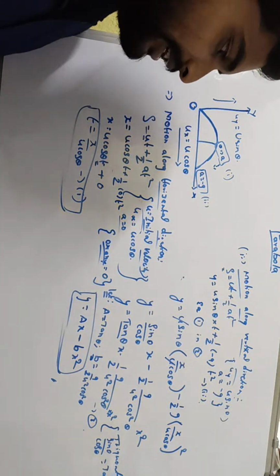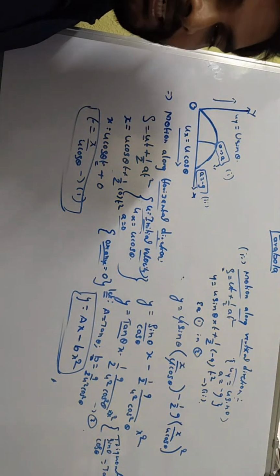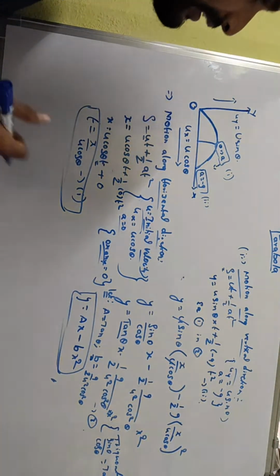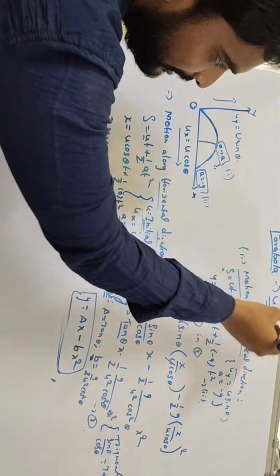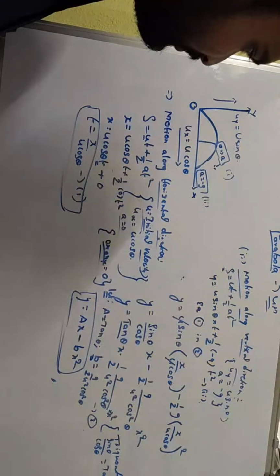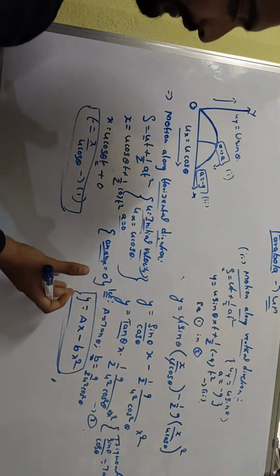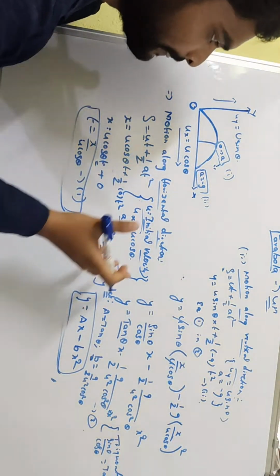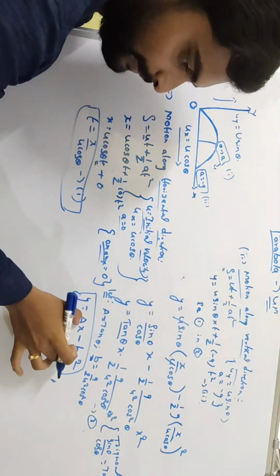The question has been repeated many times in this lesson. It carries 4 marks, which are important marks. So this is the proof of a parabola, showing that the trajectory of an object projected at a certain angle is a parabola.